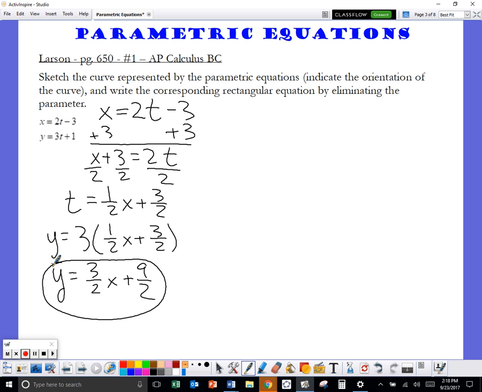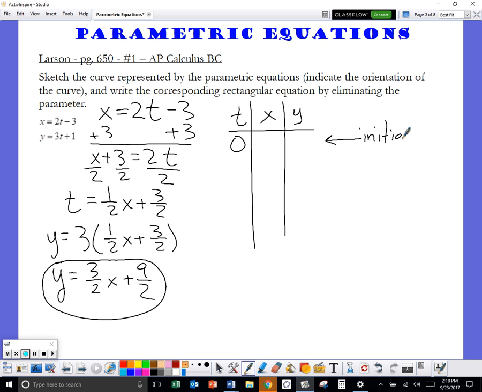Okay, again, making a table for t, x, and y. And of course, not told otherwise, we are going to start at 0. This is our initial point again. And so let's mark that that's going to be our initial point. Let's plug in 0 into both equations.